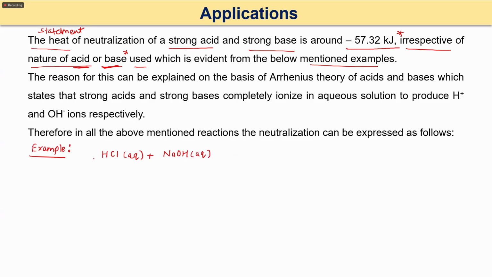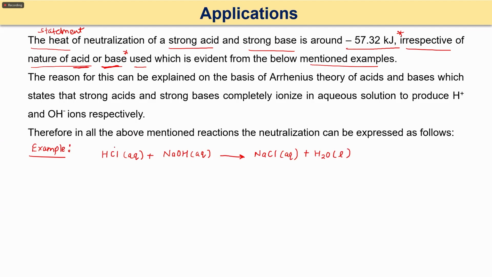Now you are neutralizing your HCl with sodium hydroxide, that is acid with base. So what will happen? Acid plus base, salt and water will form. What salt will form? Na and Cl, so it will become NaCl, and your water.